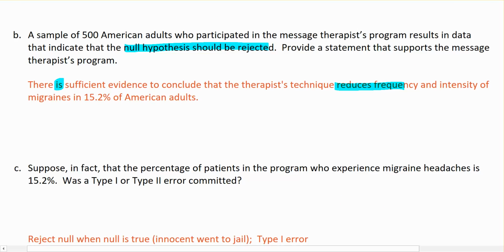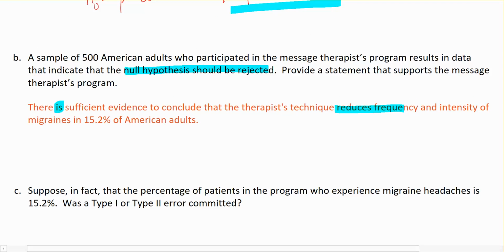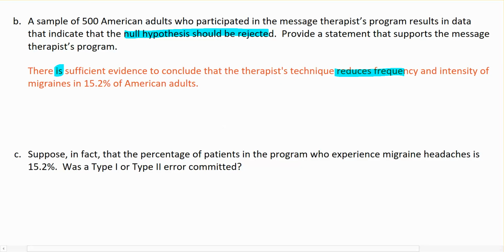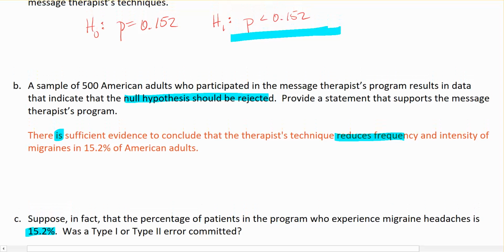Now, the next question in here is in fact a little different from what you have because I have a typo on your paper. So suppose that the percentage of patients in the program who experience migraine headaches is in fact 15.2%, which was the null. That's what we're saying. So we committed some type of error.